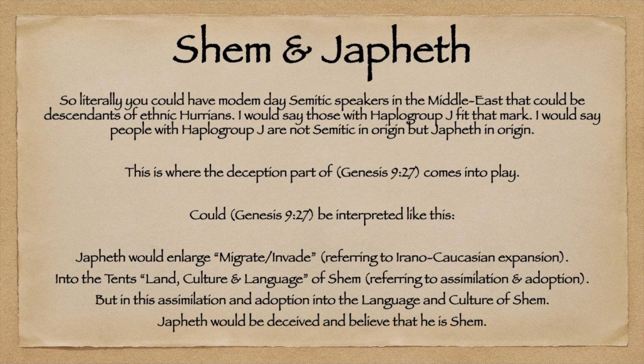So that's one way how I kind of view this verse, how I interpret it. Basically, Japheth will enlarge, he would migrate, he would dwell in the tents of Shem, being the land, culture, and language of Shem. And then through this adoption and assimilation, he will eventually believe that he is Shem. He will kind of deceive himself, or he will kind of be deceived throughout time into believing that he is Shem.